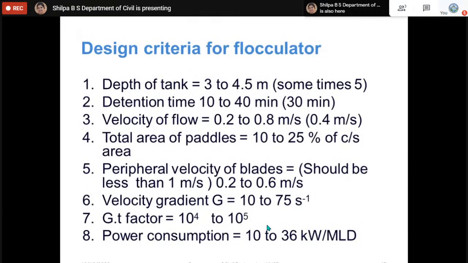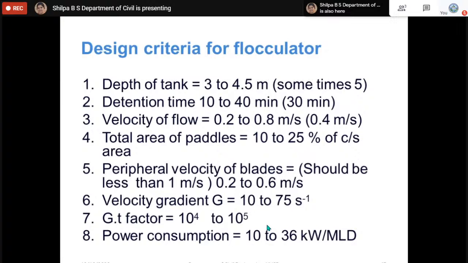Coming to the design criteria of the flocculator, the depth will be about 3 to 4.5 meters. Detention time will be 10 to 40 minutes, usually 30 minutes. The velocity of flow is 0.2 to 0.8 meter per second, and the total area of the paddle will be 10 to 25% of the cross-sectional area of the tank.